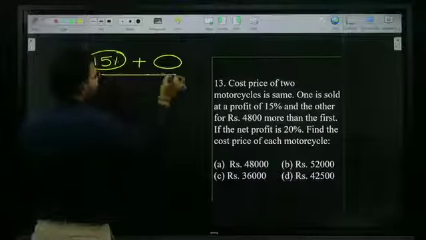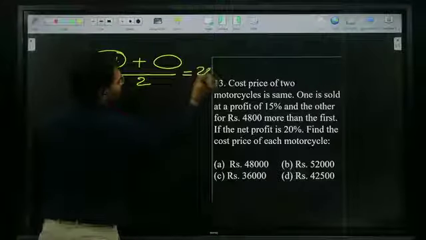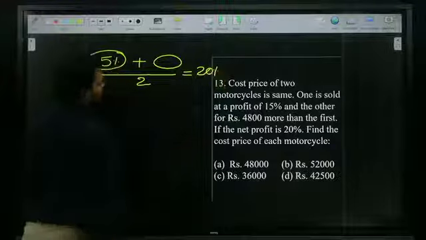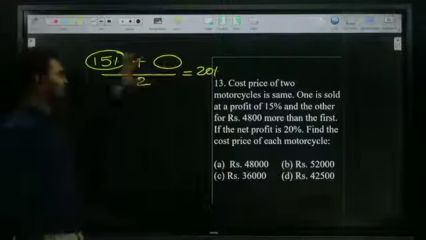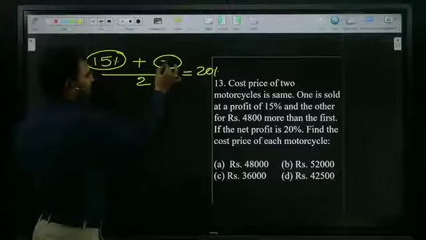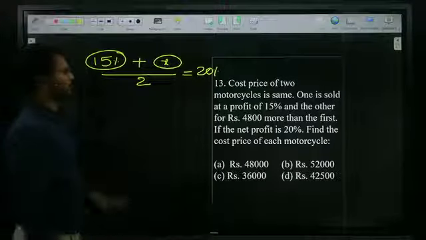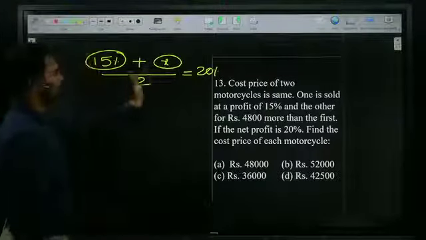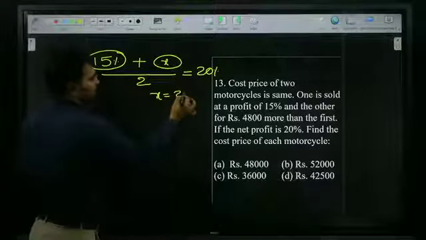Average is how much, Andy? 20. Average is nothing but (15 + X) by 2 is equal to 20. The second article, if it is X, 2 comes to that side. 2 into 20, 40. If you subtract 15 from 40, that is 25. Therefore, second article profit is what, Amma? 25.